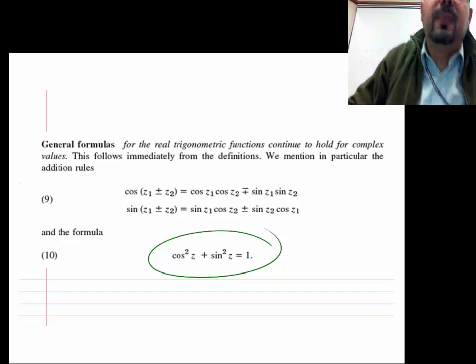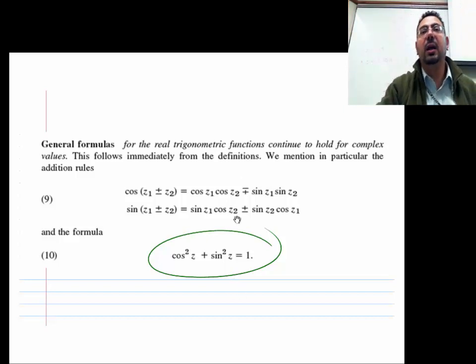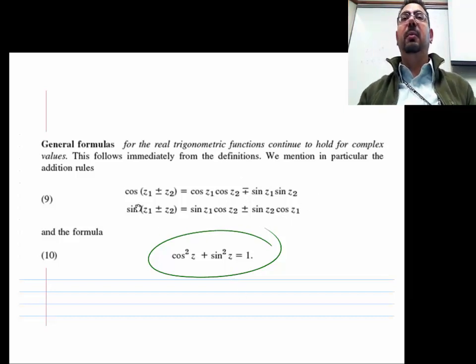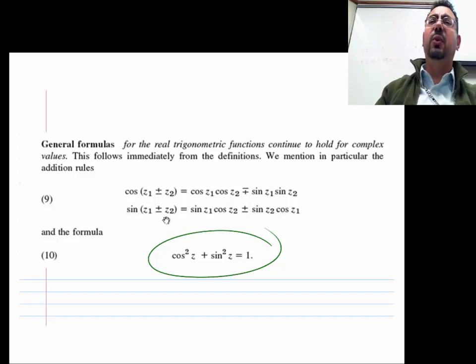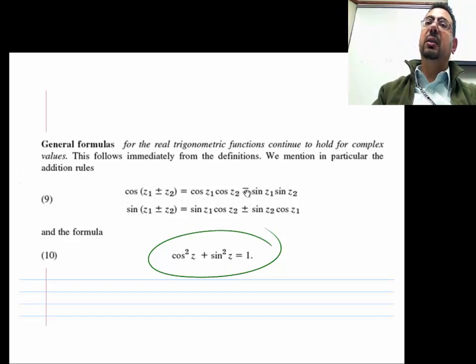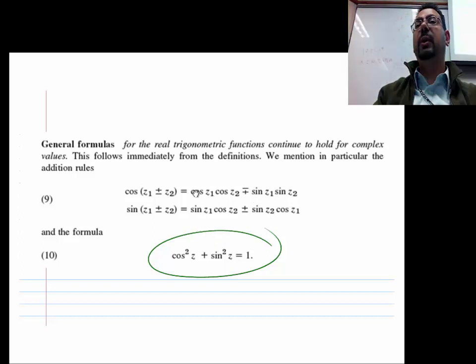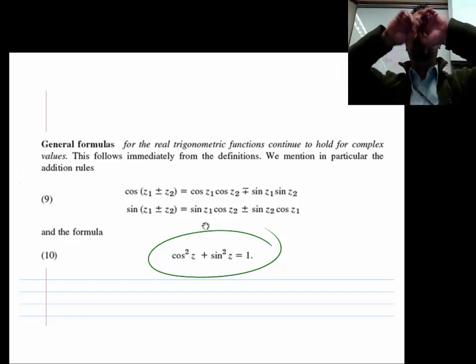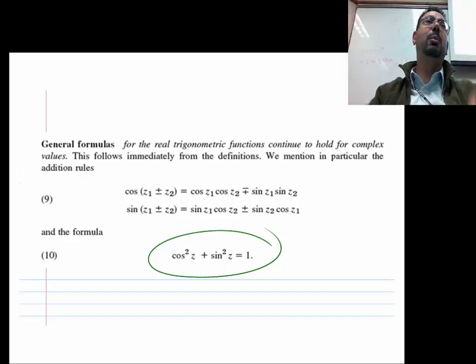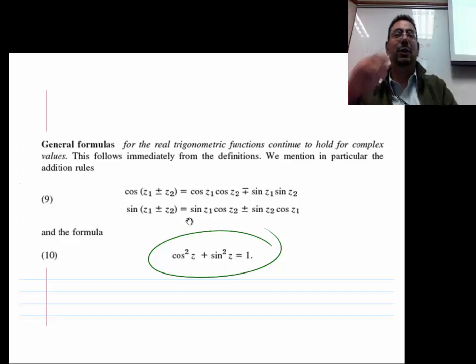So, the cosine and the sine also follow the same formula that we have seen before for the real number. The cosine is cosine, cosine, and you flip the sine: minus, plus, sine, sine. When I was in high school, we would have to memorize all this, and go through all those kinds of tricks to make our mind remember them, because the exam was not open book.